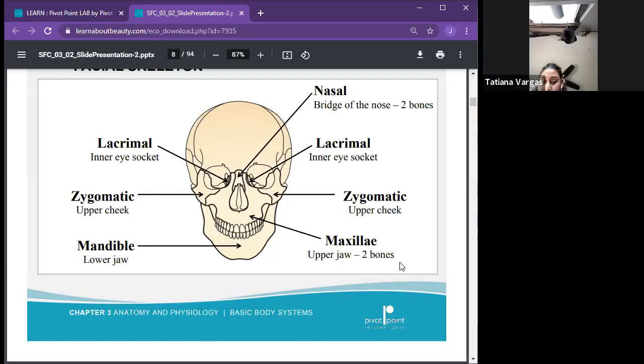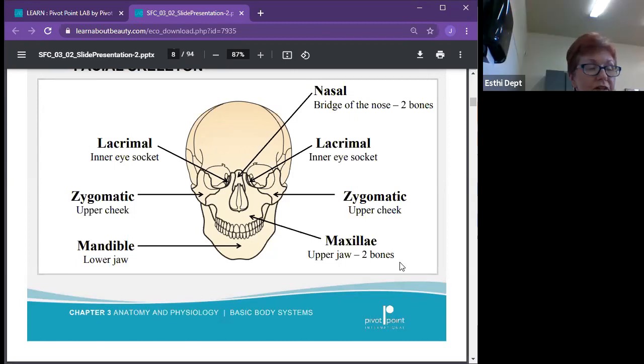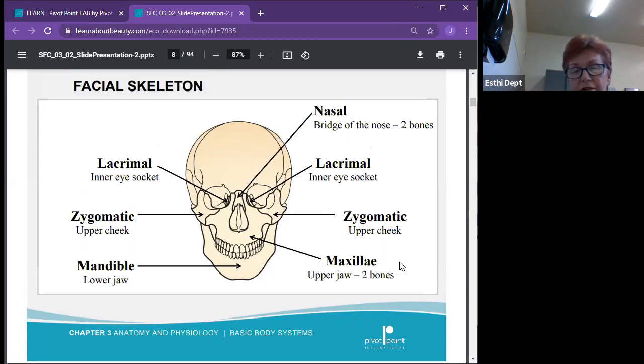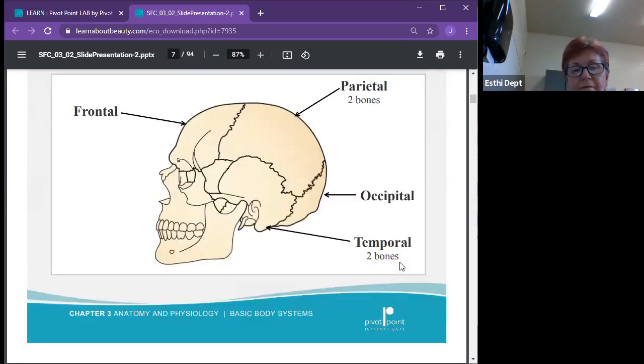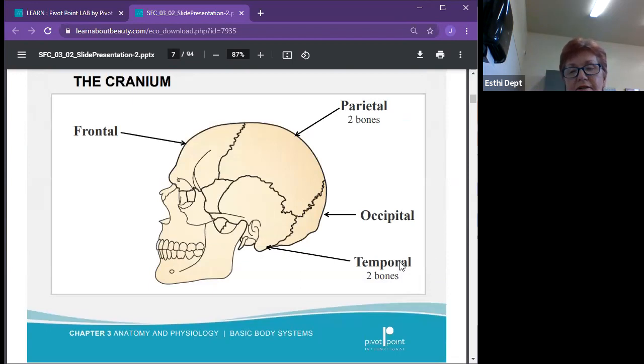Can you repeat that? The frontal is your forehead from your eyes to the top of your head. Right here, this is going to be your frontal. Let me turn the page back so you can see it again. There you go. That's where your frontal is.